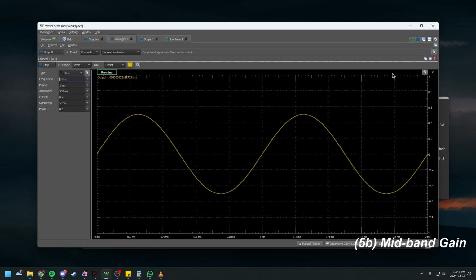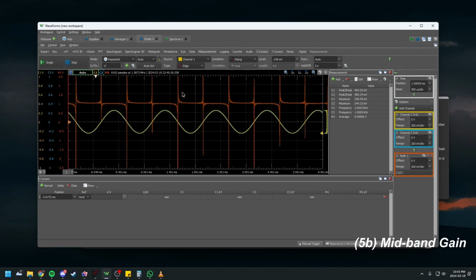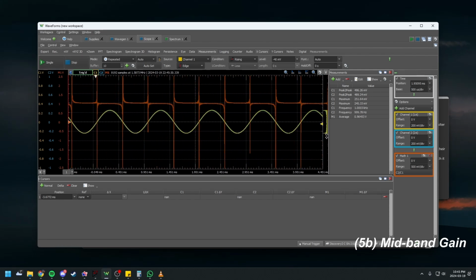To determine linearity, we can take different values of amplitude for our input waveform. So let's say, for example, we'll start off at 250 millivolts. We'll go back to our scope, and okay, let's change our triggers, and we can see our maximum for both channel 2, our output voltage, and channel 1, our input voltage.